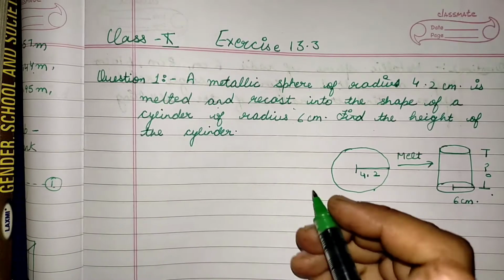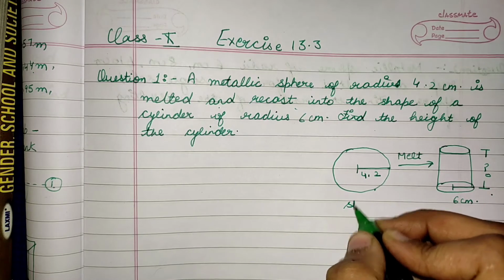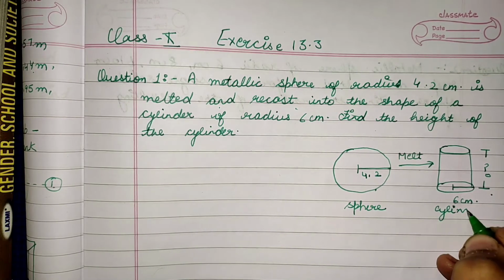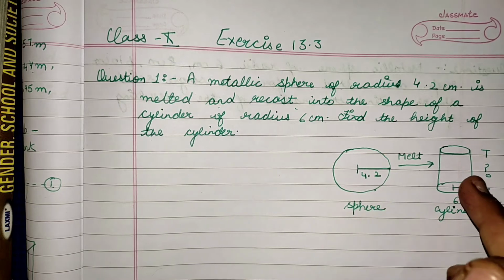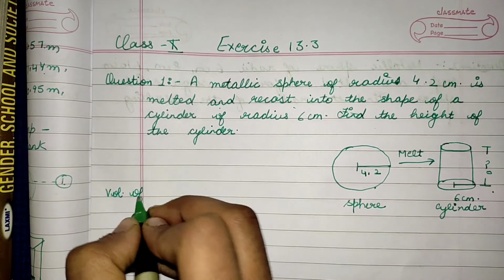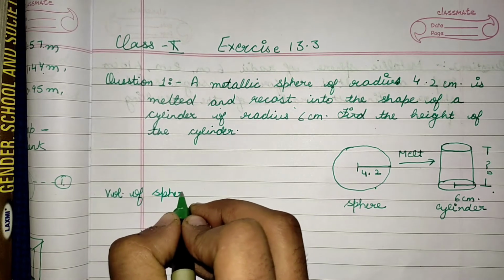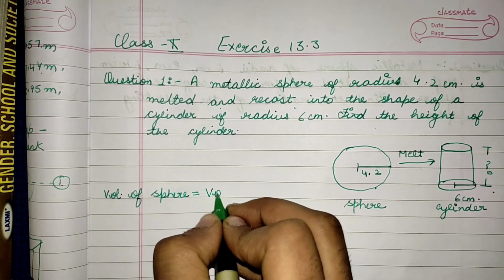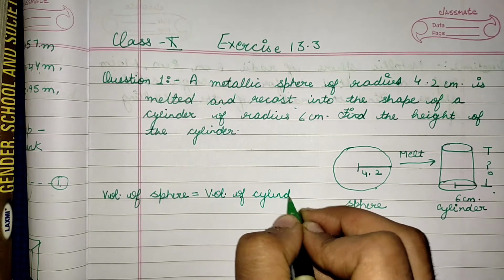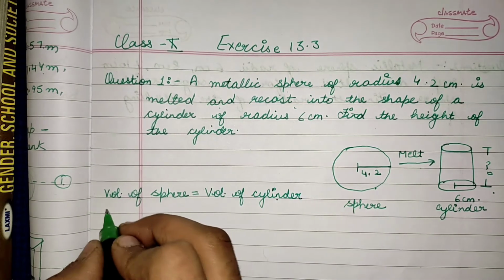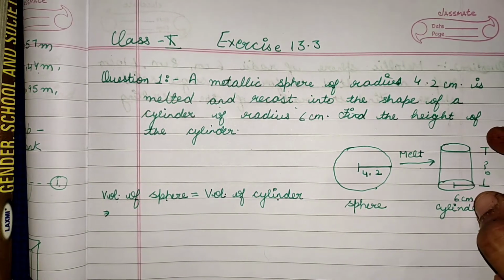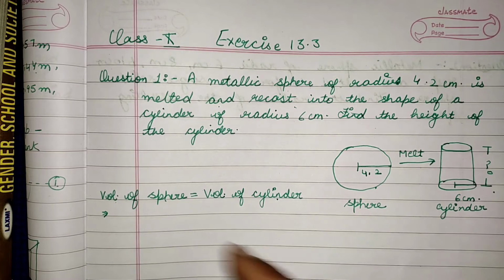In my previous video, I told you that whenever there is a solid conversion from one shape to another, the volume of both shapes remains the same. So the volume of the sphere is equal to the volume of the cylinder. Now put in the formulas and you will get the final result, which is the height of the cylinder.